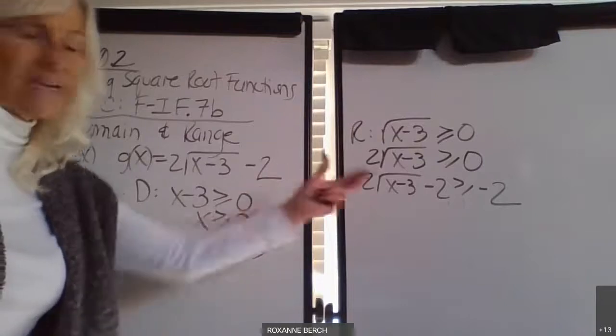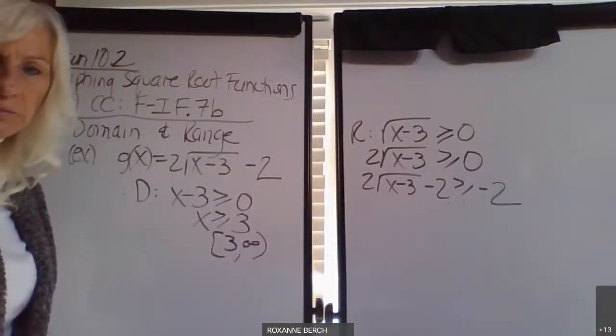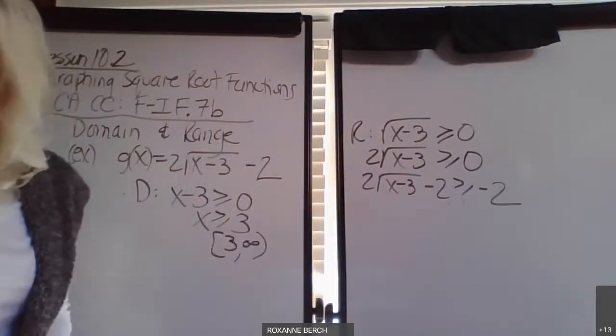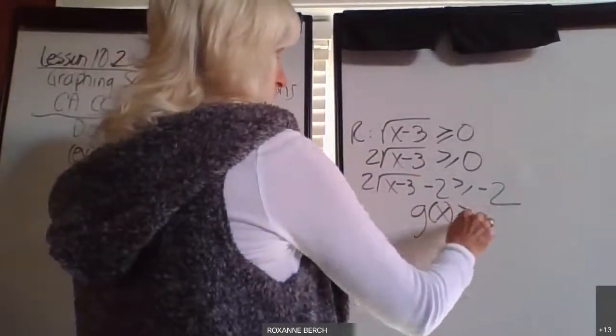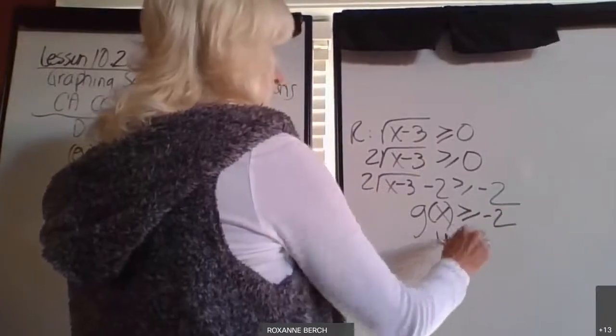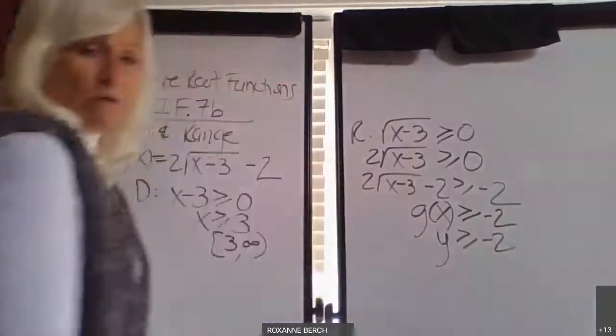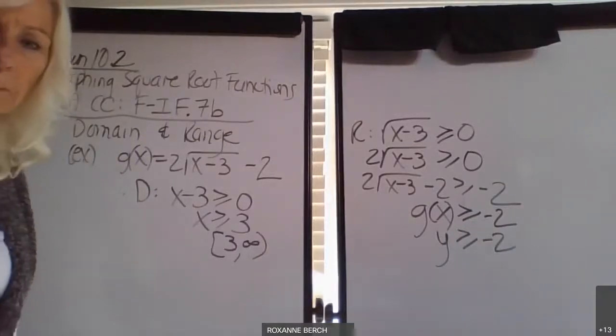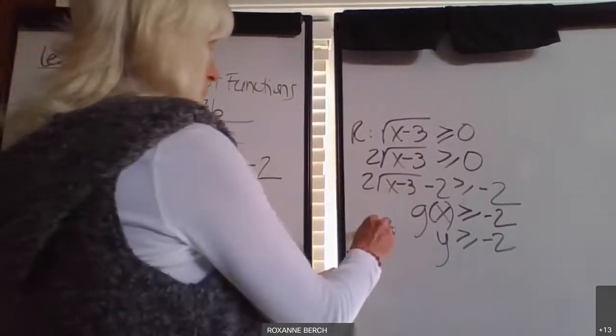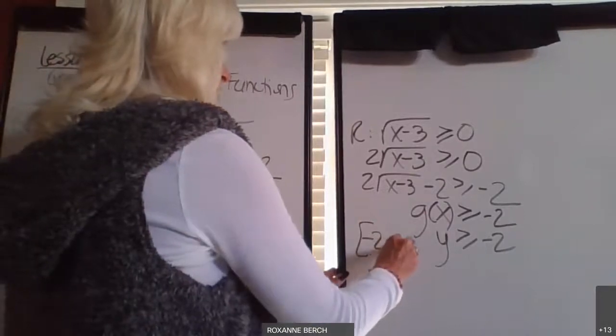Yes or no? Didn't I create the function? Well, doesn't that mean that the function then is greater than or equal to negative 2? And doesn't that mean y is greater than or equal to negative 2? So there's your range. Your range is closed on negative 2 to infinity.